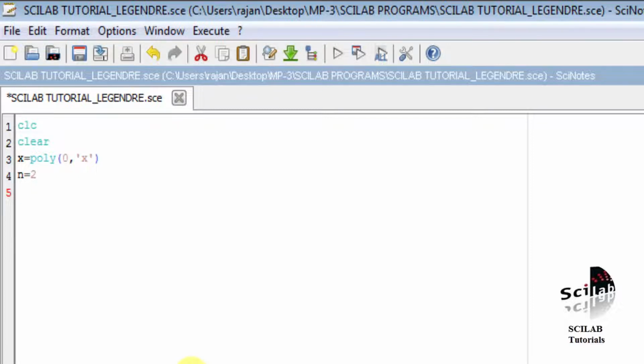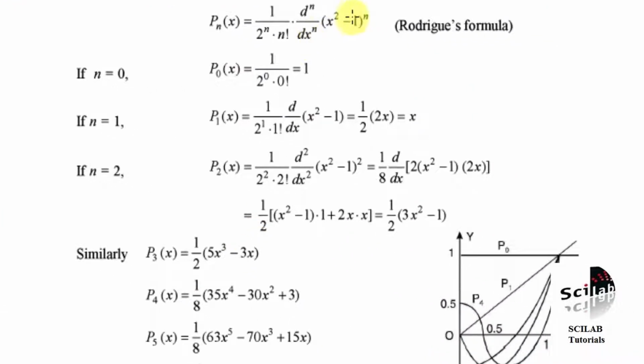The next term in the Rodrigues formula is where we differentiate the term (x² − 1) to the power n, n times with respect to x. So first we will declare this term.